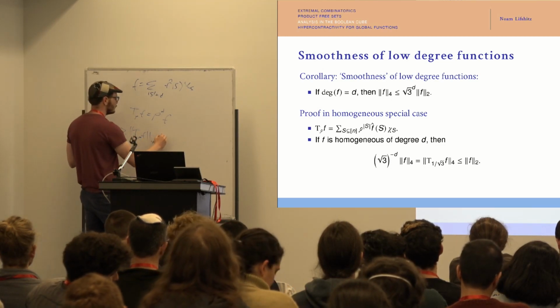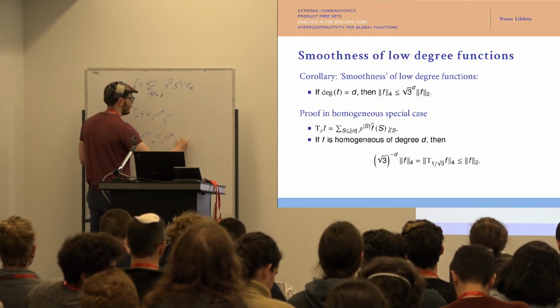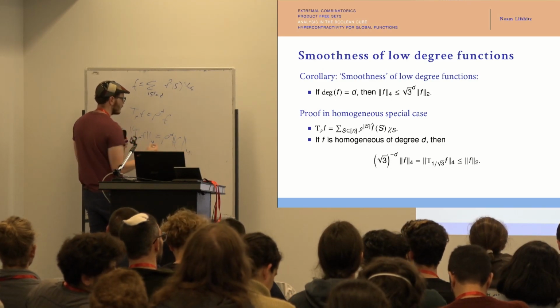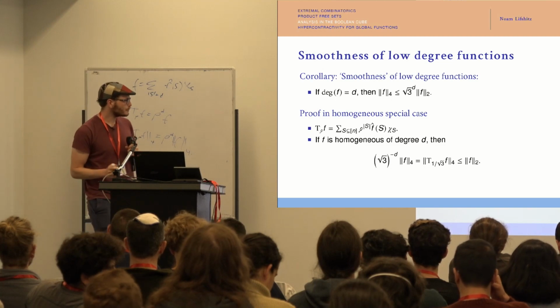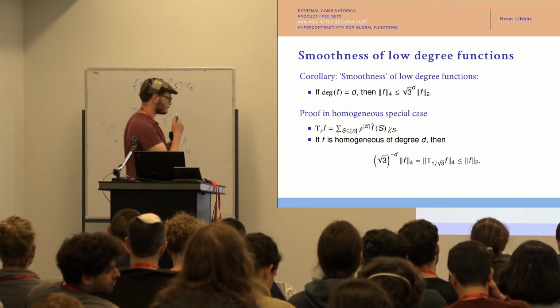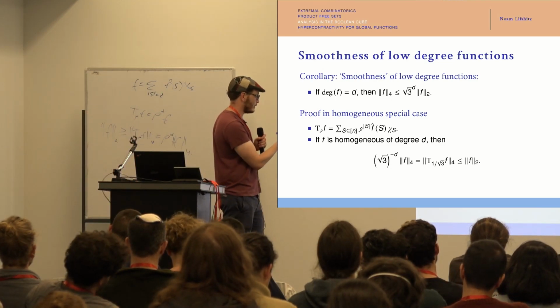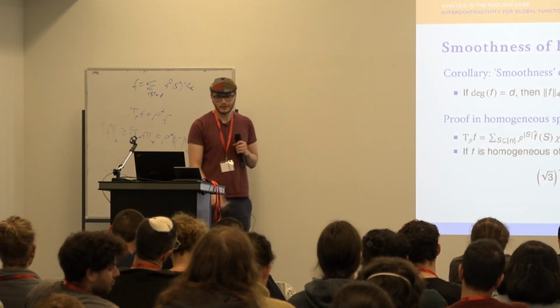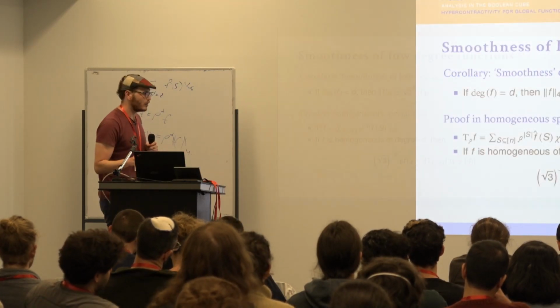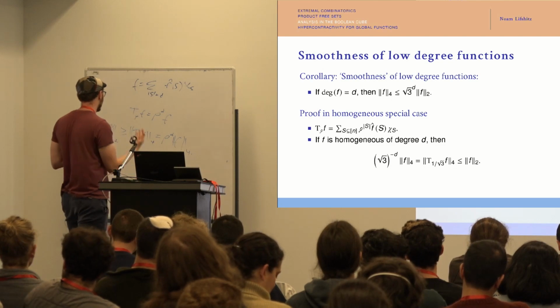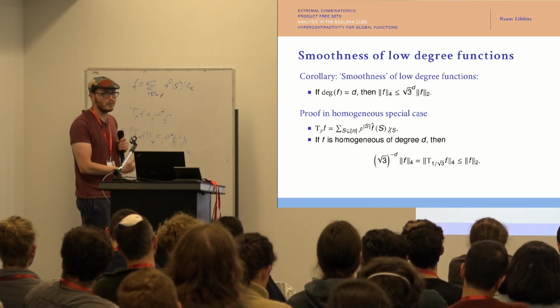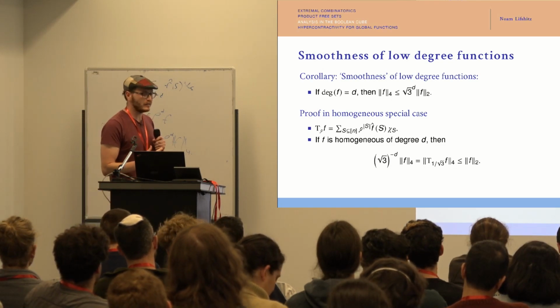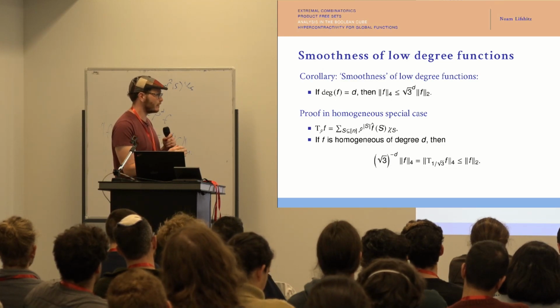And this is equal to rho to the d times the 4 norm of f. So you can use this diagonalization of the noise operator to show that low degree functions, these homogeneous functions, are the eigenfunctions for this operator, and then deduce that low degree functions have a smooth behavior.